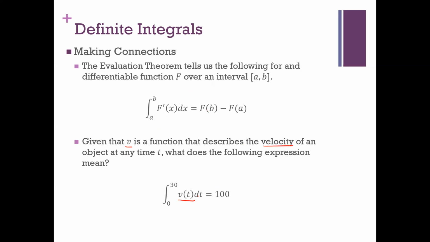If I have velocity, what is velocity the rate of change of? It's the rate of change of distance over time, right? So if I integrate that velocity function from t equals 0 to t equals 30 seconds, and I get 100, what does that 100 represent?